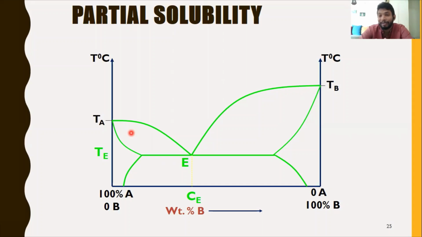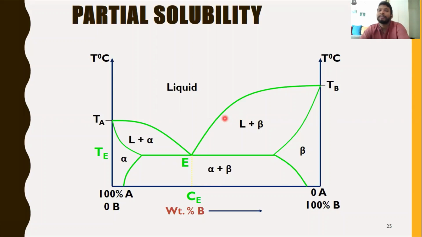Basically, here the liquid will be there, and here solid alpha occurs, and in between here liquid and alpha. Here beta, this is liquid and beta, and that becomes beta. And just like the complete insolubility, along this line, liquid within a very short time becomes alpha and beta.